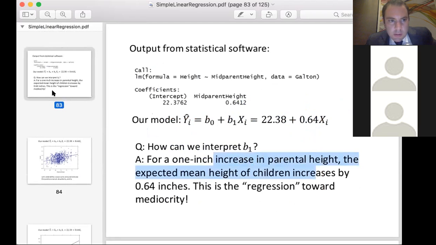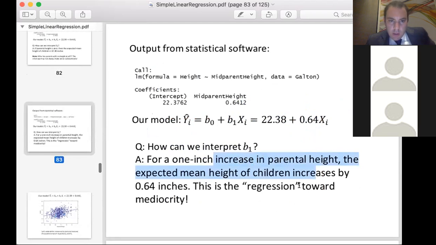Well, let's look at the regression formula. The regression formula here says that we have an intercept of 22.38, and the slope is 0.65, right? So that's saying for every 1 inch increase in the parent's height, the expected mean height of children increases by only 0.65 inches, right?